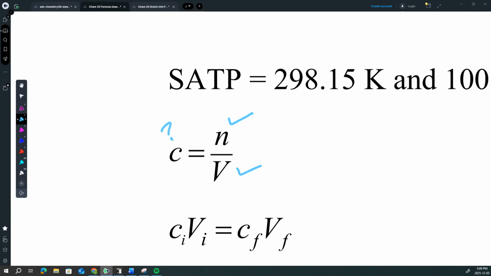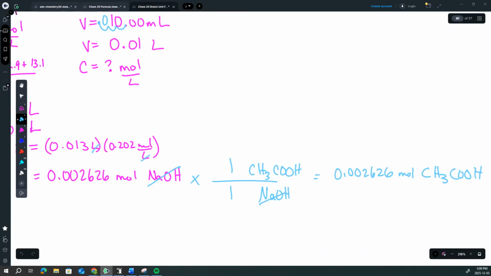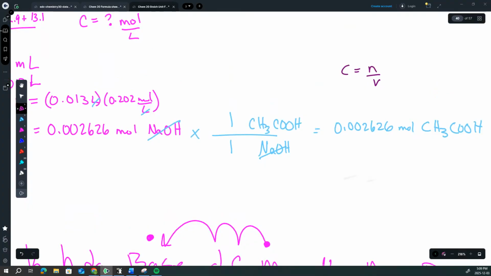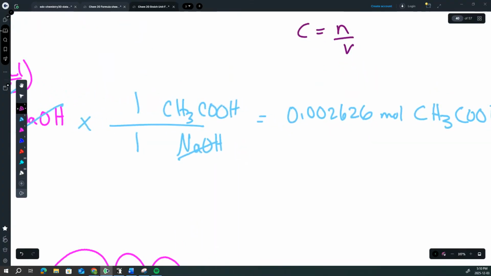We just need to figure out the concentration of it. Okay, so concentration is equal to moles divided by volume. And I'm just going to have to put that underneath here.